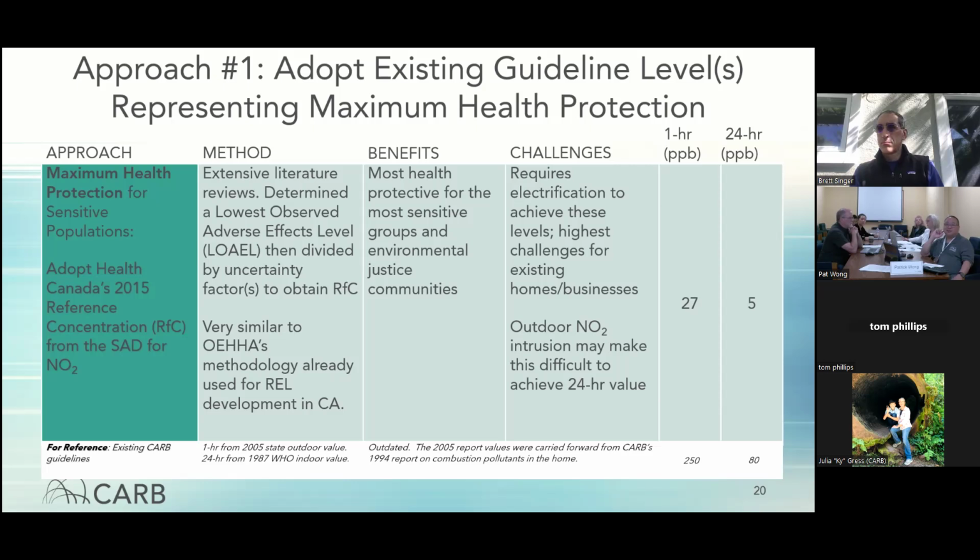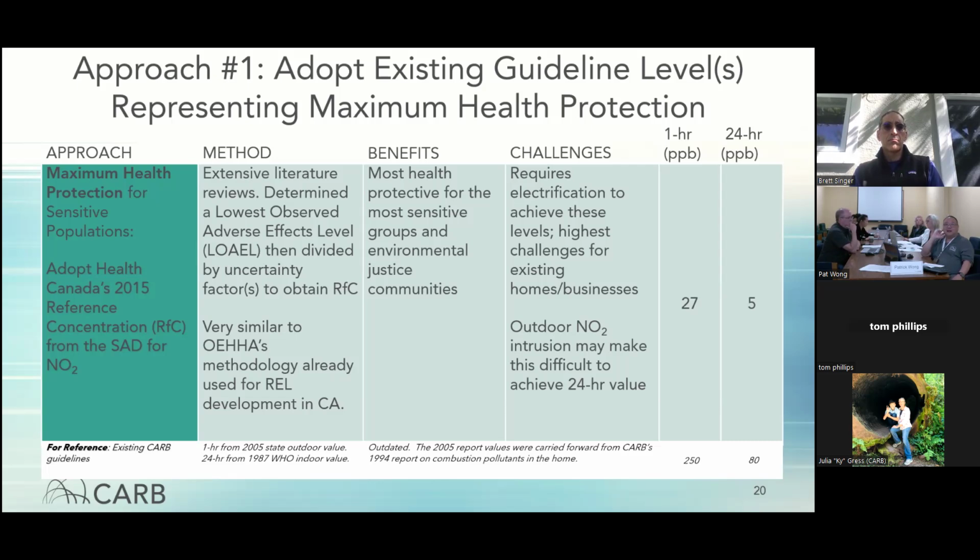Challenges, since it is the hardest to achieve, is that you would need a lot of different strategies, possibly electrification, and getting it into existing homes and businesses is a lot more difficult. I know in California we do have building standards codes that apply mainly to new buildings and not to older buildings. So getting that change out will require other types of programs.